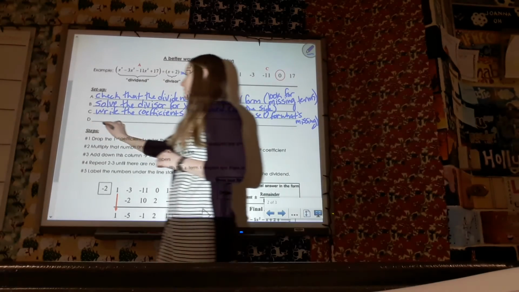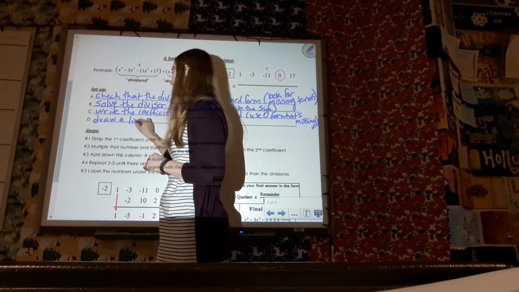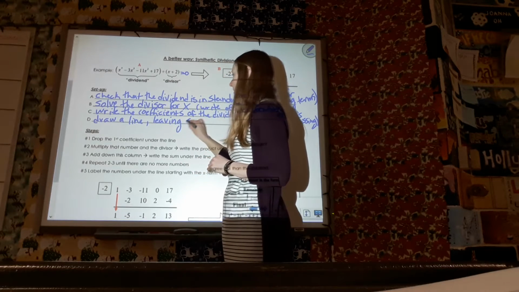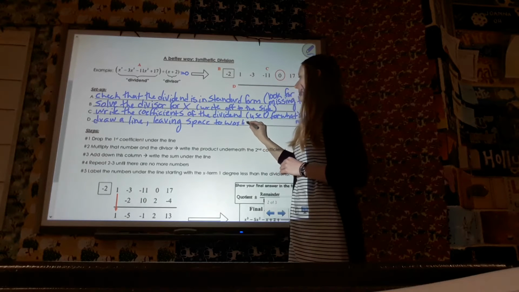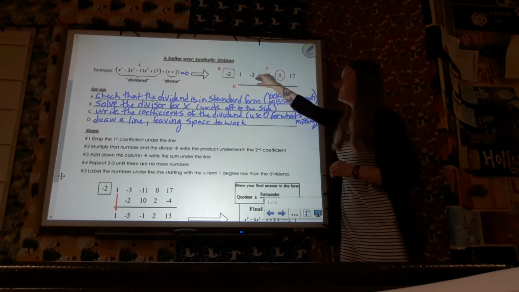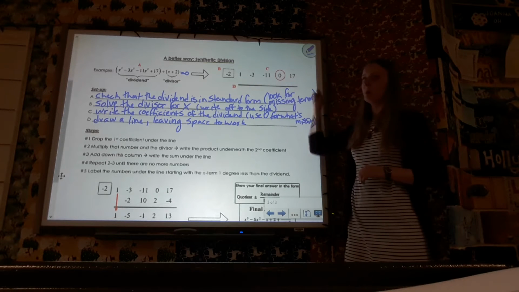And then lastly, you're going to draw a line, leaving space to work. So draw a line underneath this row of numbers, but leave space to put other numbers underneath. You should have room for 2 rows of numbers.